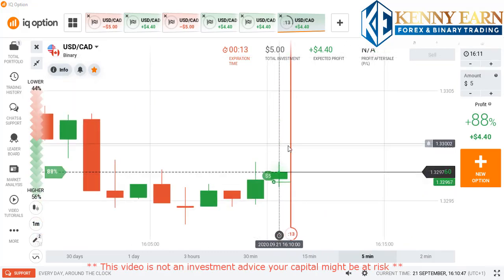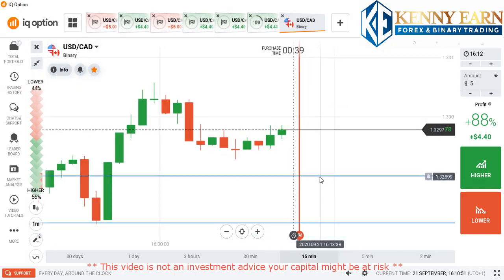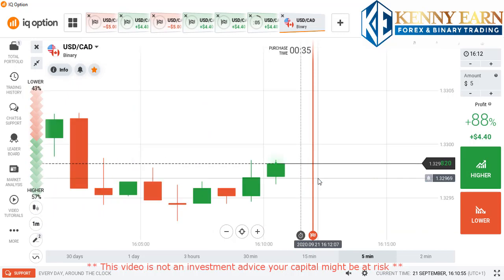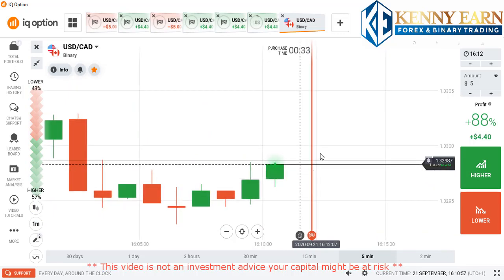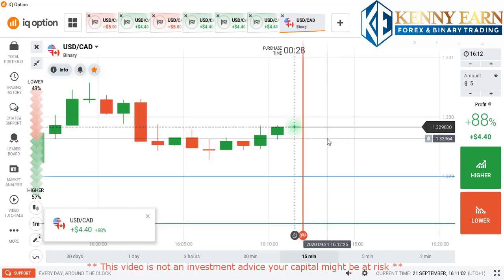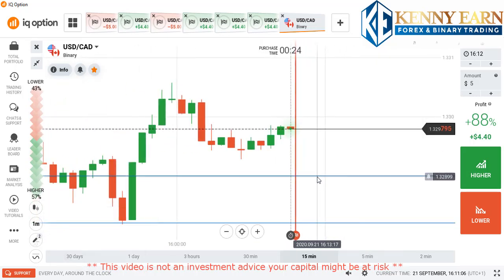So sure, buyers are aiming for that level. Okay, we have a few seconds more. Okay, very good. That was an ITM. Let's wait for the next candle, and then we'll place our trade.